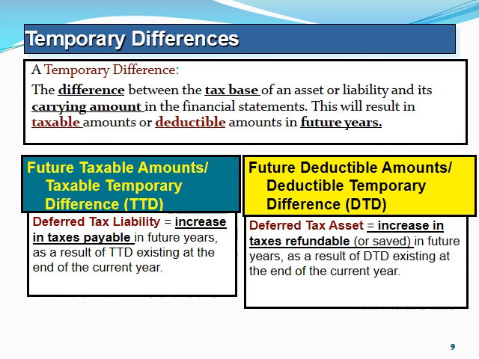However, if an entity has a DTD existing at the end of the current year, it means that the company will recognize a deferred tax asset that represents an increase in tax refundable or saved in future years.